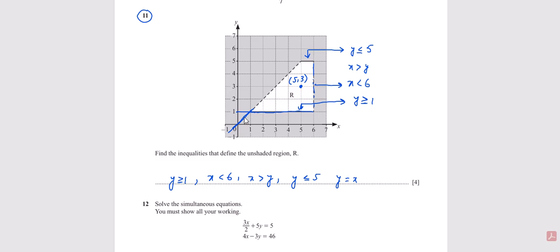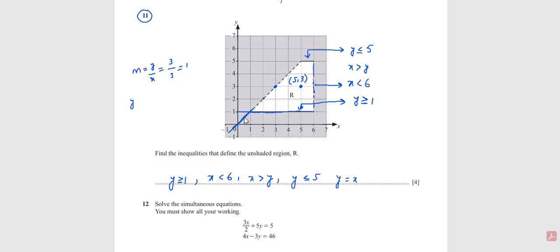If x is equal to y, if we take any point on this line, so this one is (3, 3), we need to find the slope. m is equal to y over x, y is 3 and x is also 3, that is equal to 1.